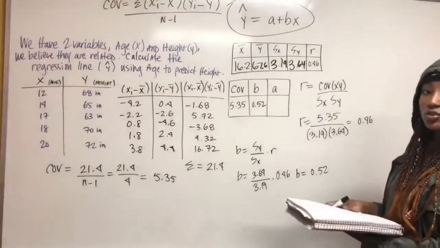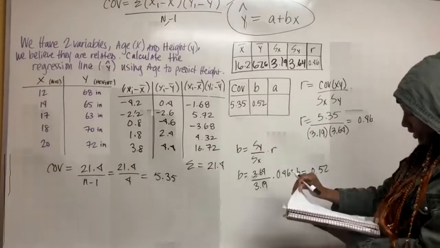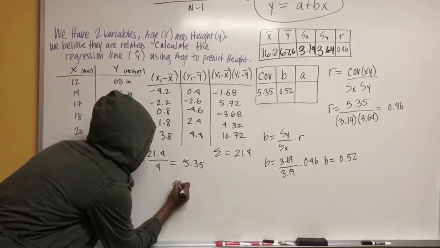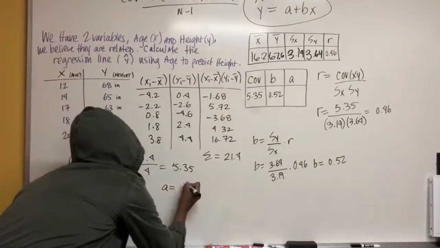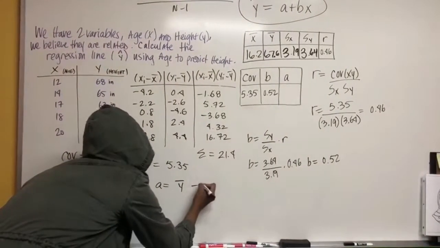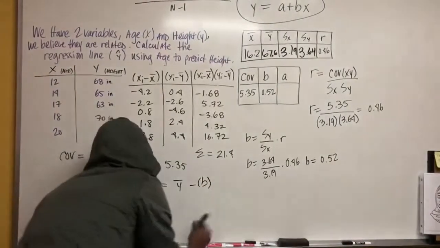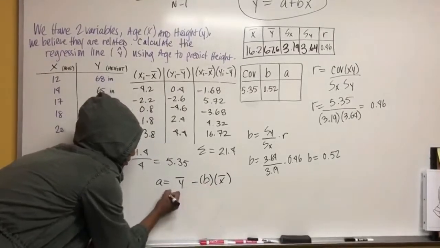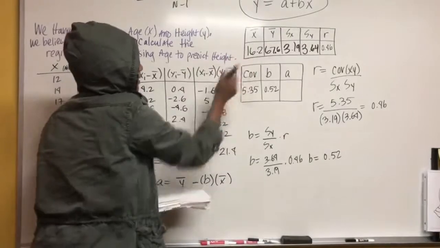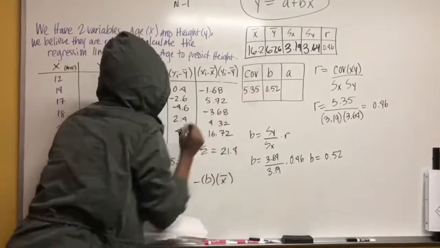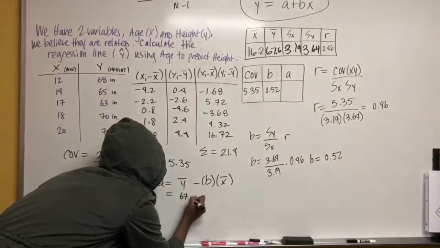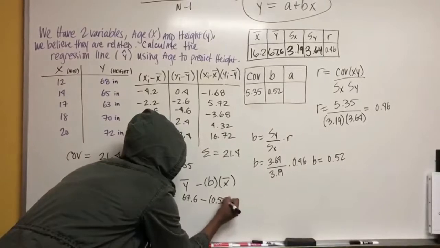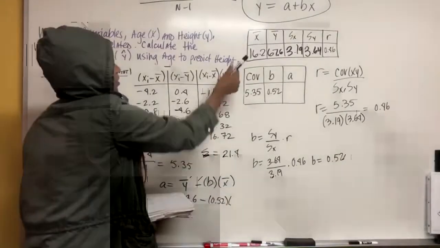Now we have to solve for A. So since we've solved for B, we can find A, because the equation for A is this. I'll come over here for this one. So A equals the mean of y minus B times the mean of x. So we have all these elements again, so I'll do A equals mean of y, 67.6 minus B, we just solved for that, so that's 0.52 times the mean of x, which is 16.2.